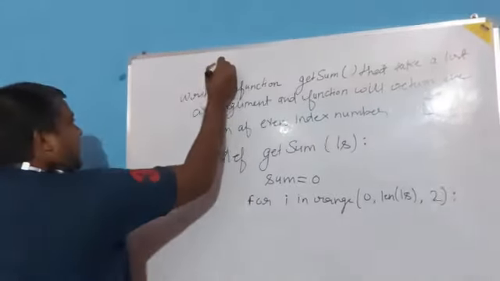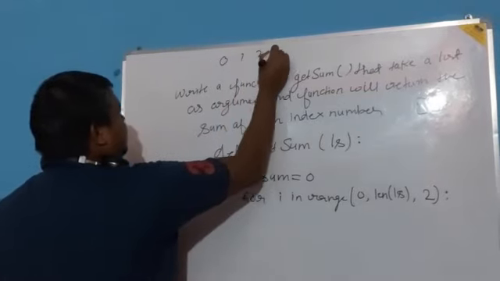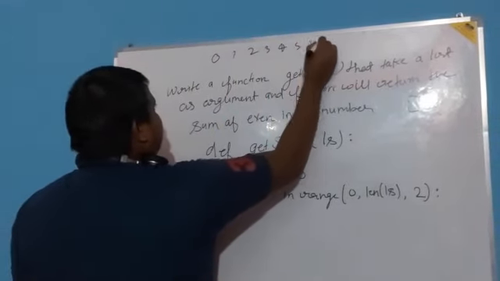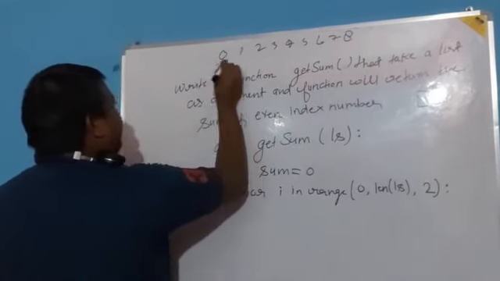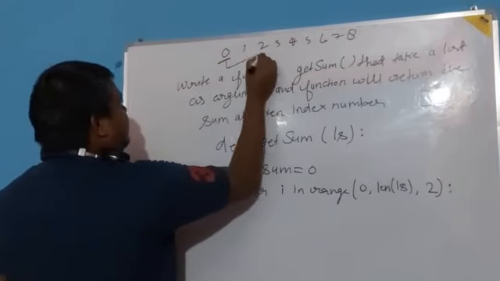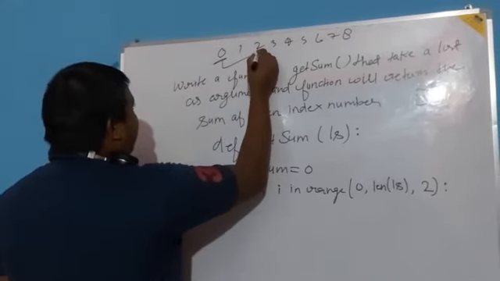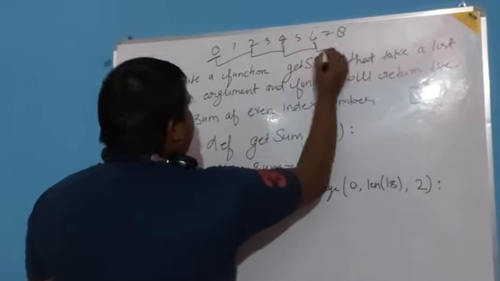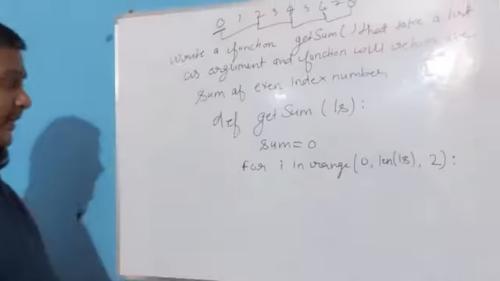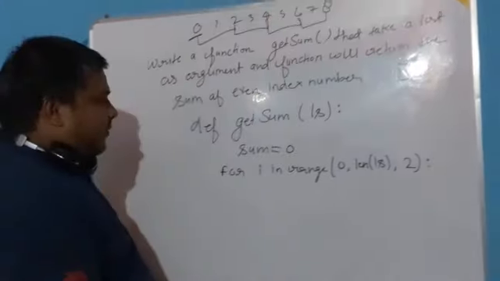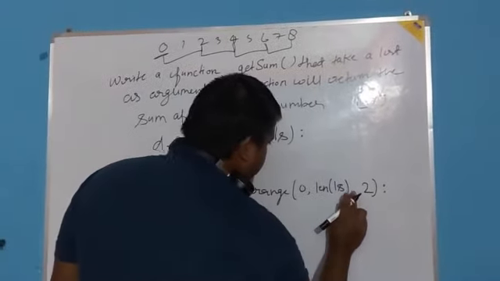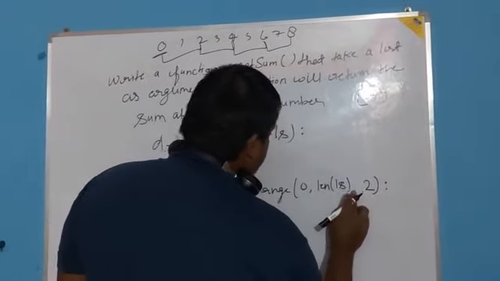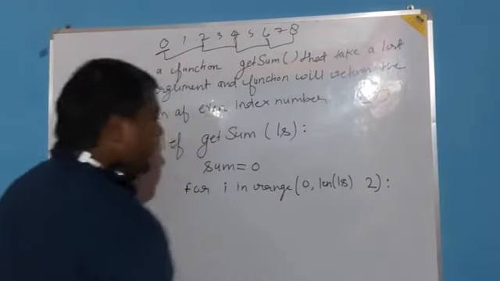That means the even indexes will be 0, 2, 4, 6, 8. If it starts from here, then plus 2 gives the next even index, plus 2 the next even index, and so on. And the loop goes like that, plus 1 for the sum. Clear?